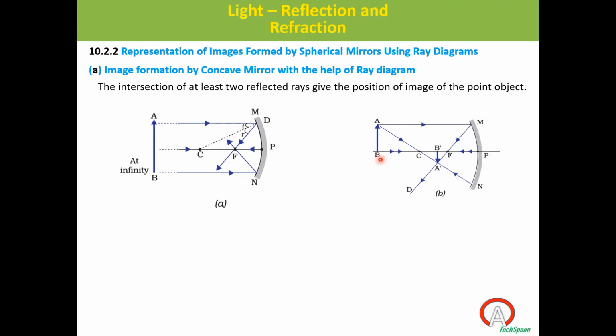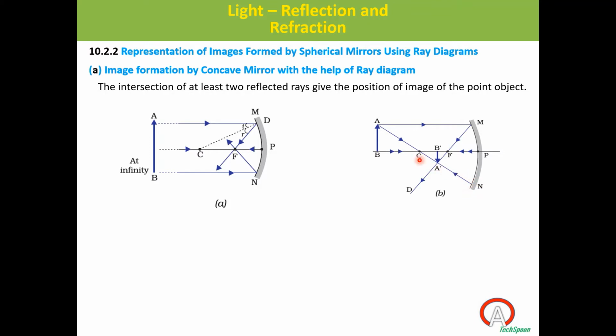So you have to start the incident ray from the head of the object. From the head of the object, like this, passing through the focus. Then from the head, another ray which is passing through the center of curvature.